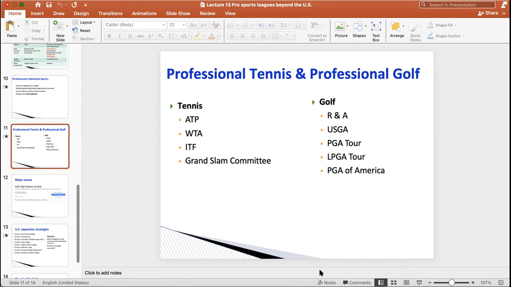I think it would be good in the sense that it would make things a lot less complicated for fans, like going between different organizations and the different rules. If everything was standardized, it would make it a lot easier. Okay, thank you. Does anyone have a very different opinion? They think the ATP and WTA shouldn't be merged together and that there are some challenges for them to be merged.